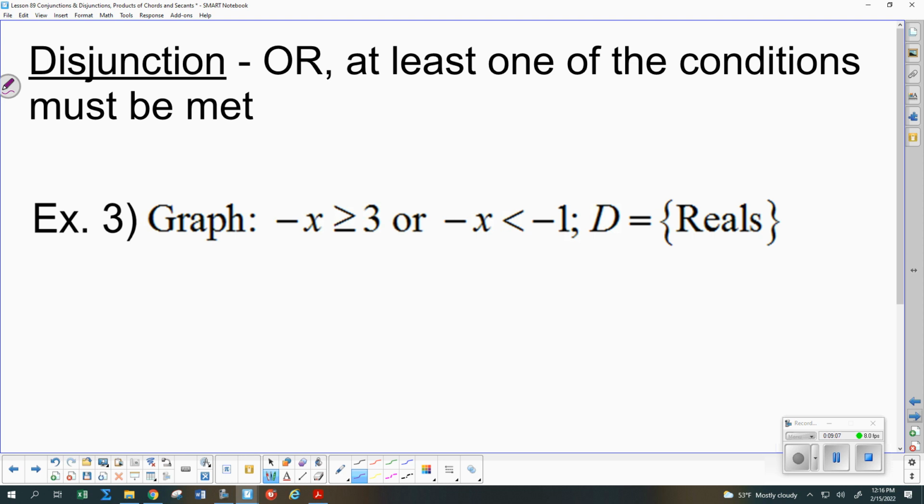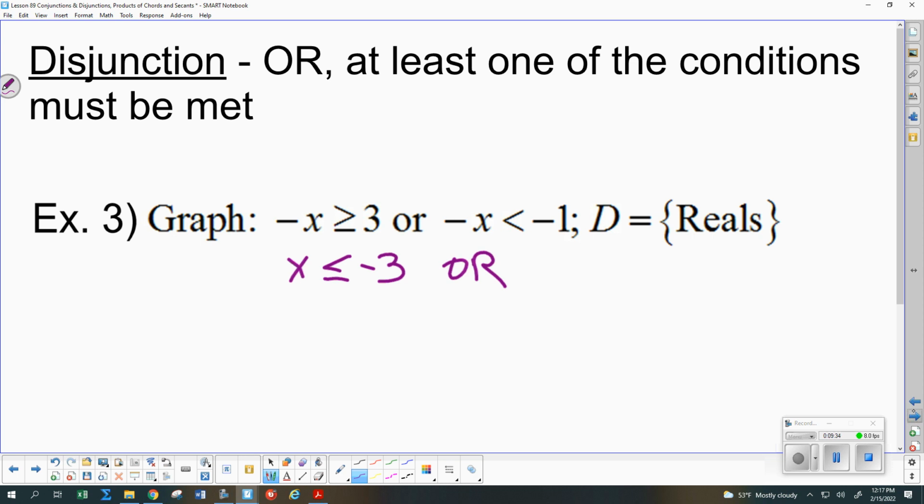So Austin, what do I have to do to the first one to make it be just an x? And if you multiply by -1, what? It needs to change direction, so x is less than or equal to -3, or the next one. So is that much making sense to everybody?